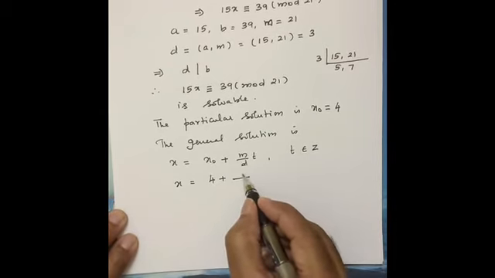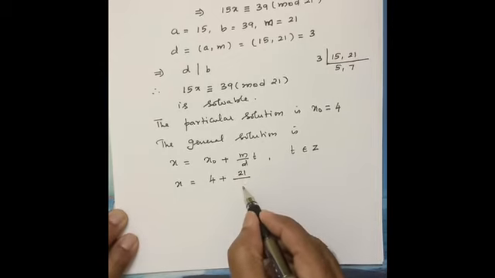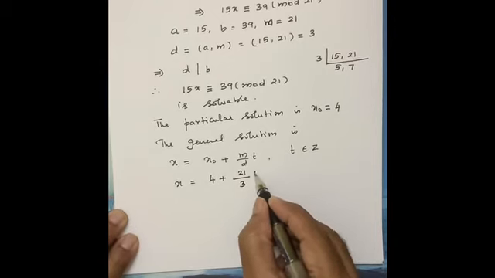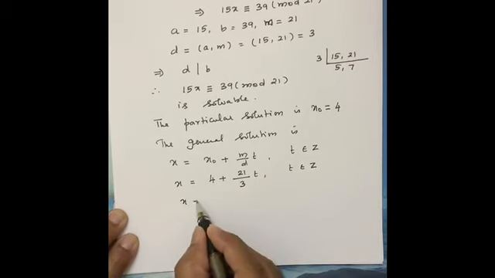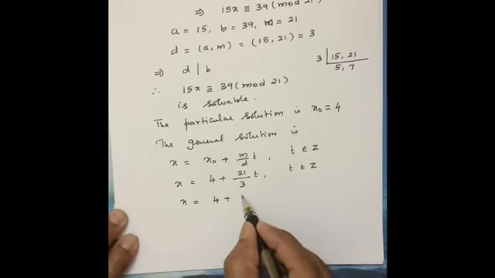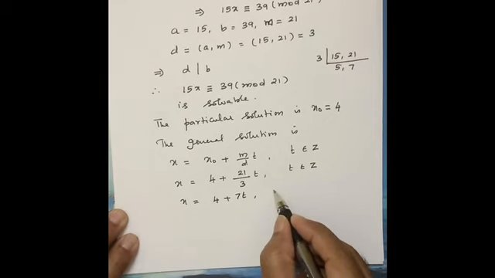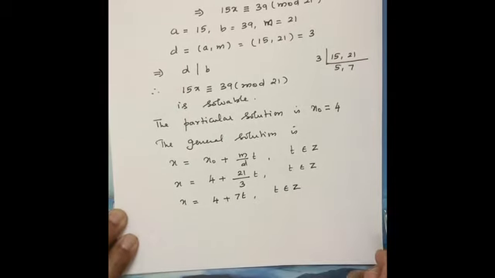What is m? m is 21, the d value is 3. So x equal to 4 plus 7t, t belongs to Z. t is an integer. So we found the x value.